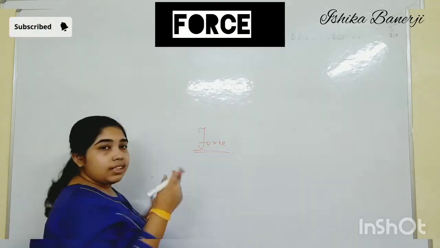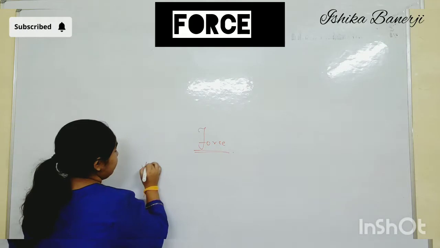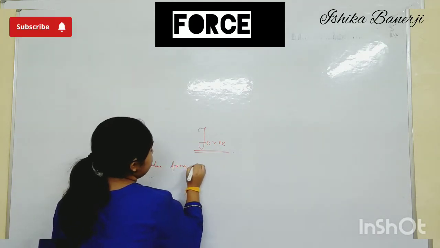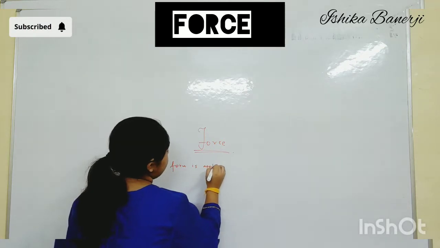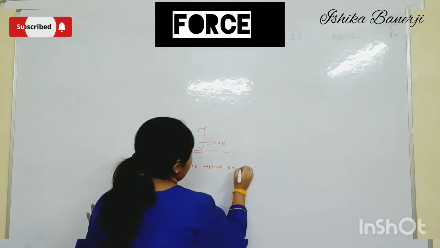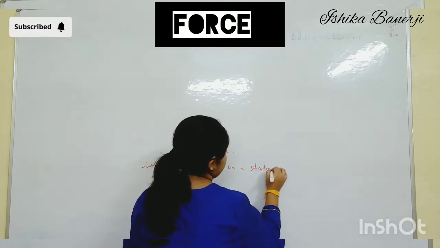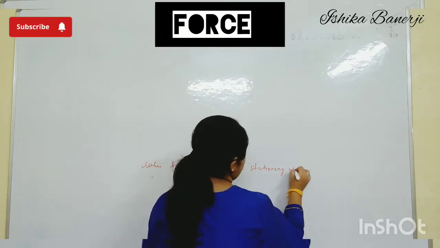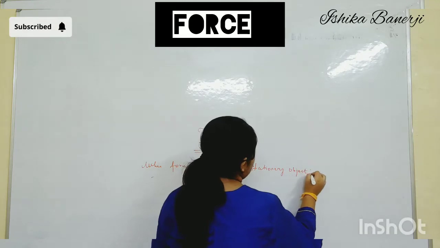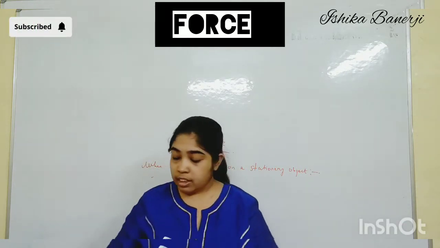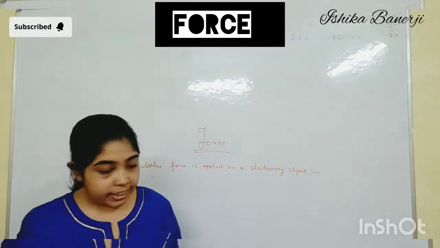I have explained this, just writing here, please write. When force is applied on a stationary object, basically two things happen. Please write it before I write. I have already explained this, just writing it for you.